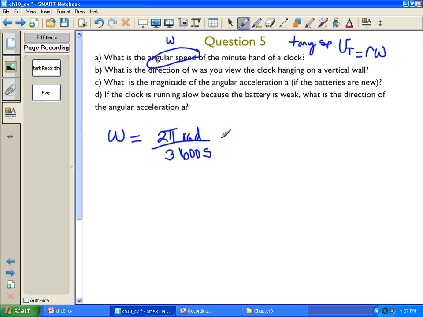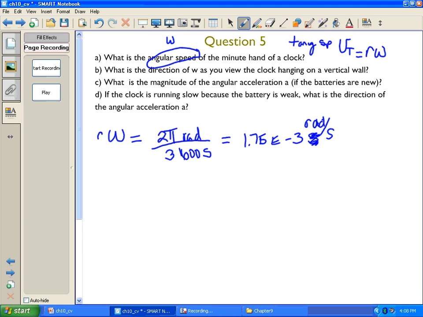So 2 pi is our delta theta, 3,600 is our capital T, our time to complete a full rotation, and so this gives us 1.75 e to the minus 3 radian per second. Radian per second is the unit of angular speed.